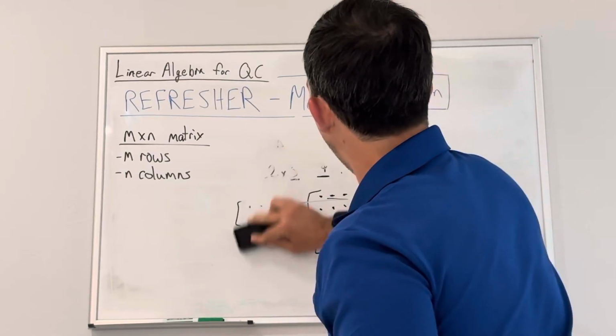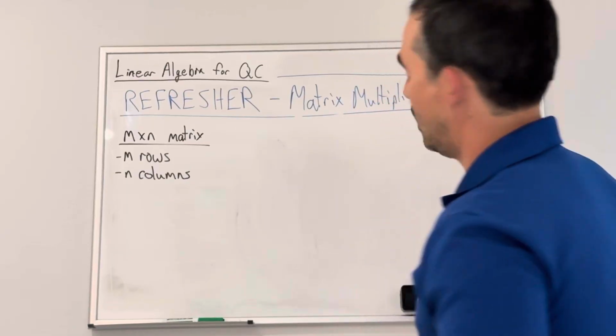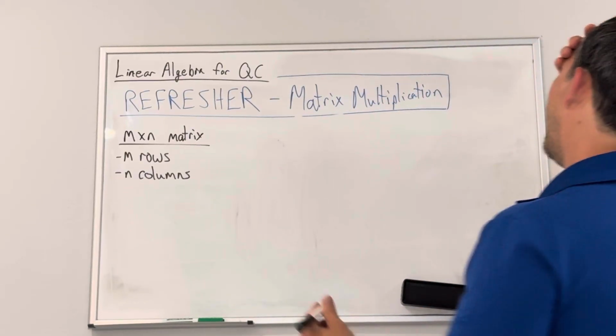Now let's do one quick example of what we're going to see most often, which is a matrix applied to a vector.